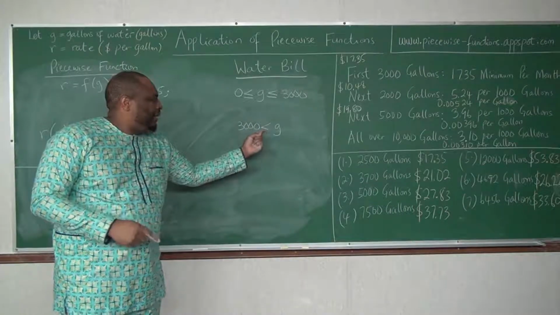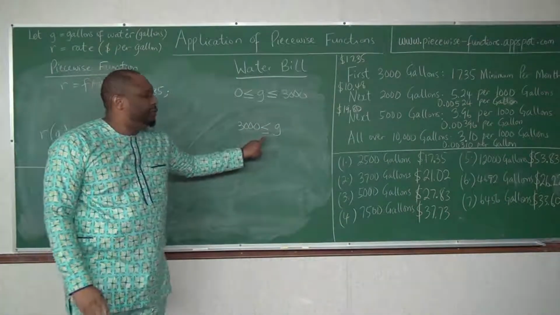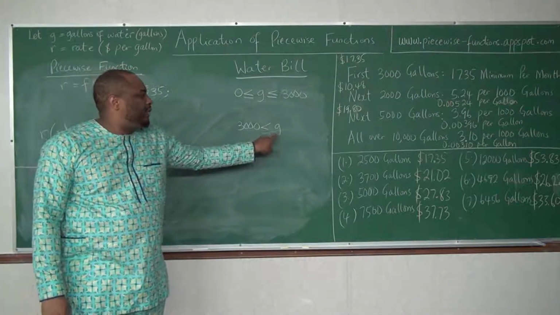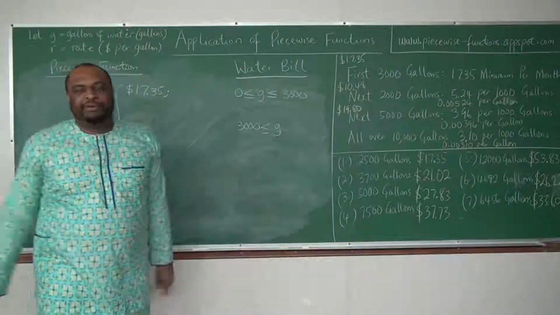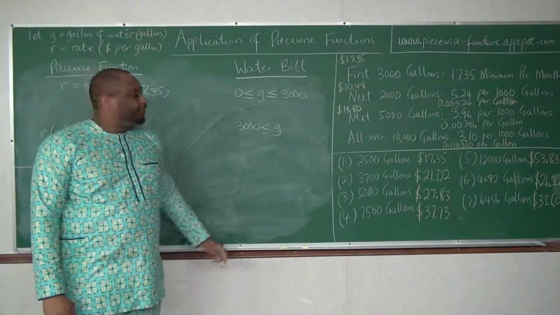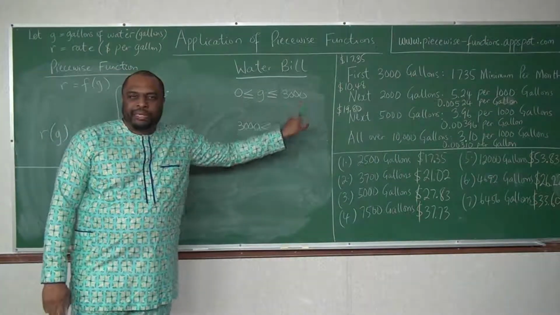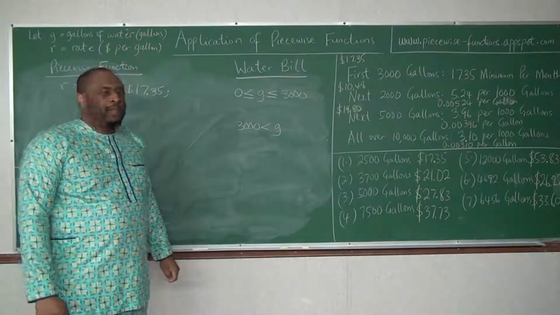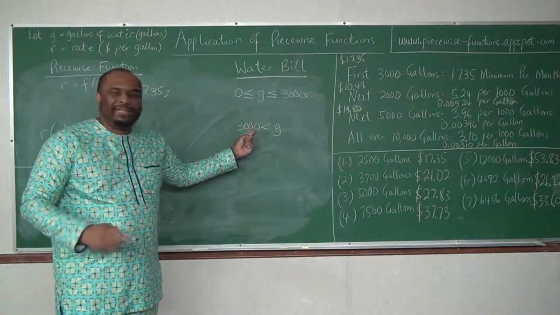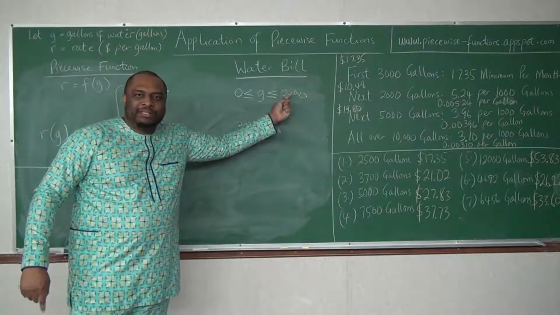You don't put less than or equal to here, because it will crash the program. So the domain here is from 0 to 3,000, and here it has to be 3,000 less than, because 3,000 is already included.